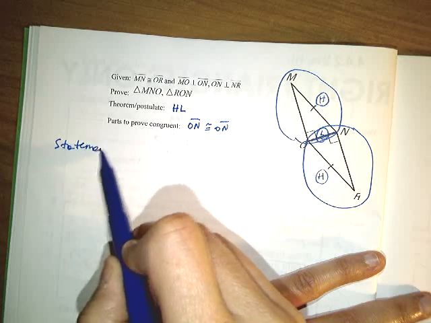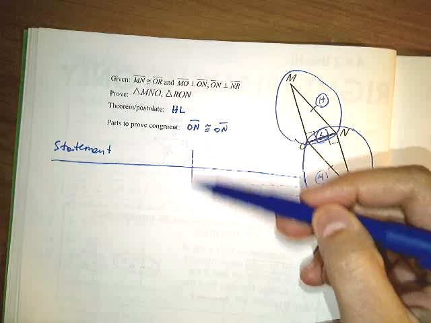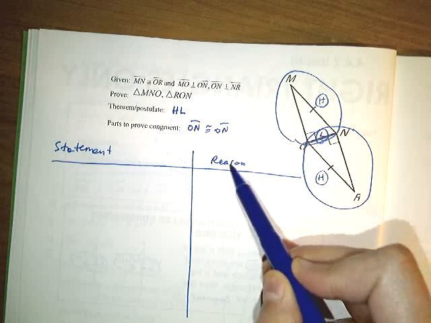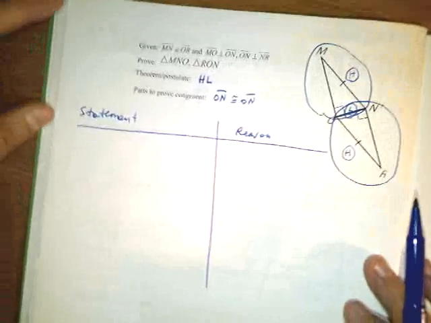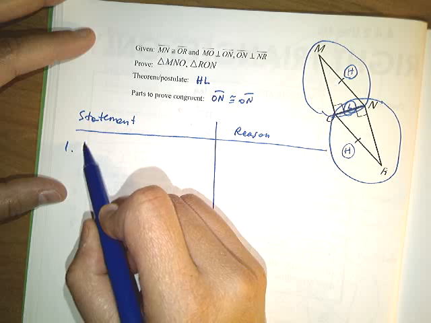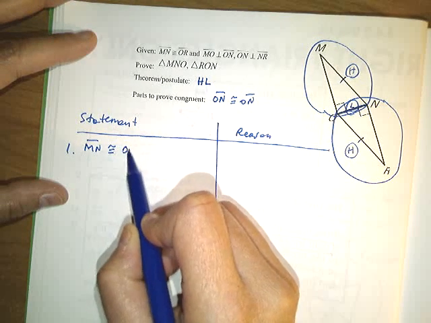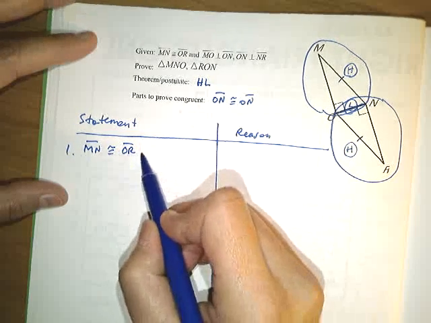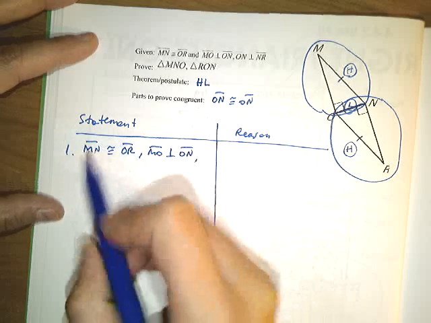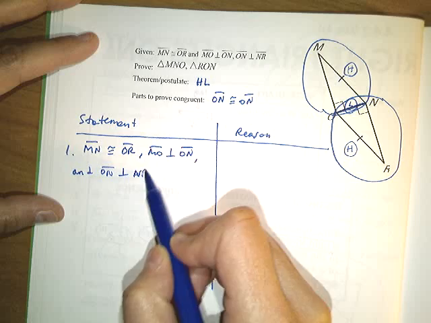So if I put all this information into a proof, I'm going to start with the given that MN is congruent to OR, that MO is perpendicular to ON, and ON is perpendicular to NR.